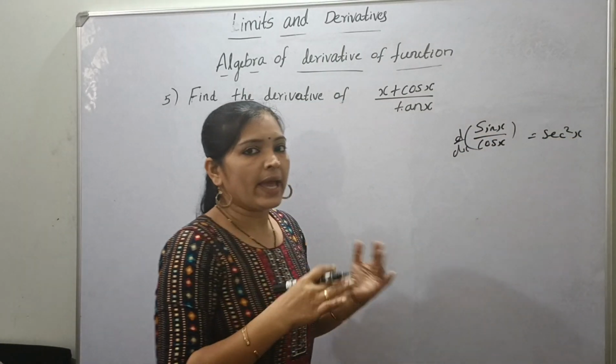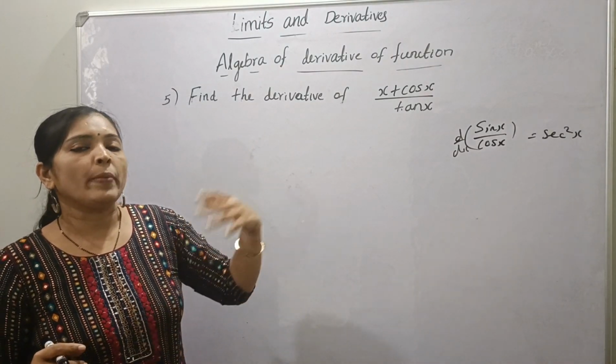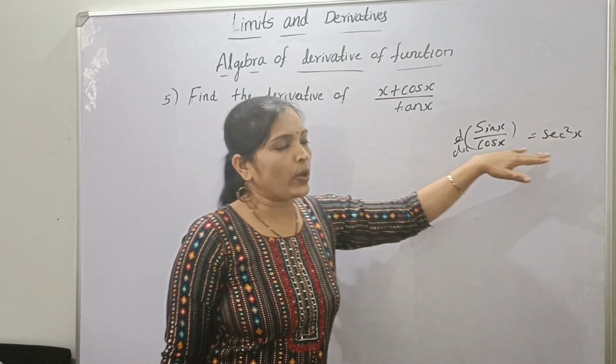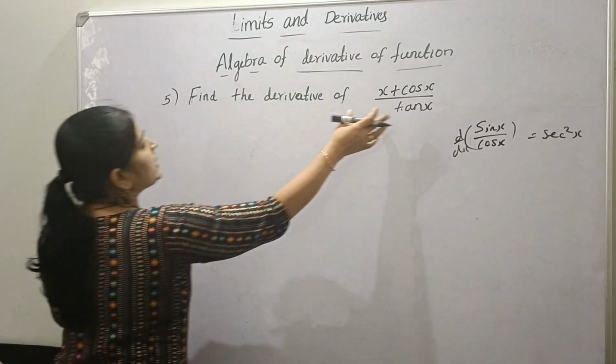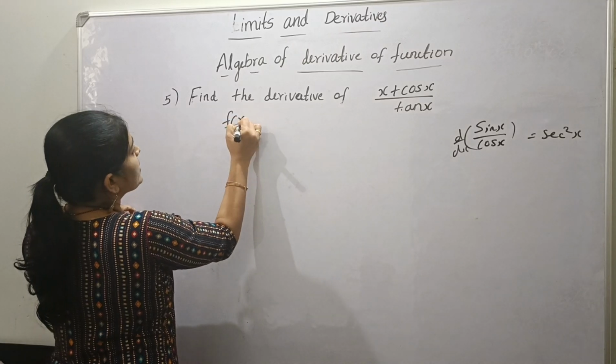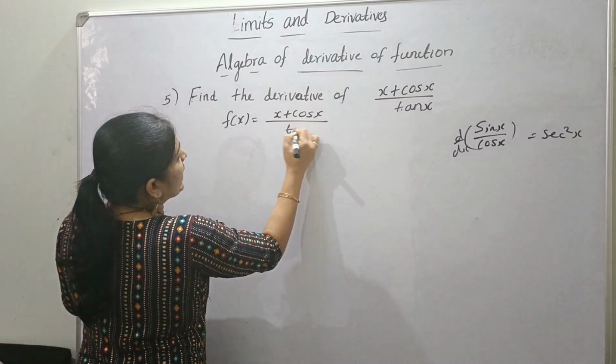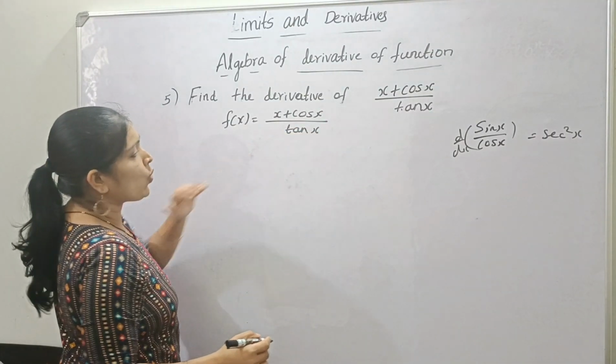Okay. We know that tan x is sin x by cos x. So apply quotient rule here. You will get the derivative of tan x is sec square x. Okay. Now let us find the derivative of this function. f of x is equal to (x plus cos x) divided by tan x. Apply the quotient rule.